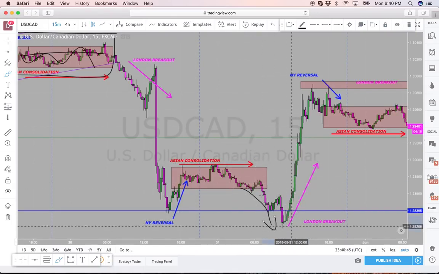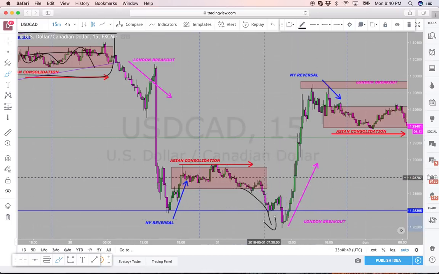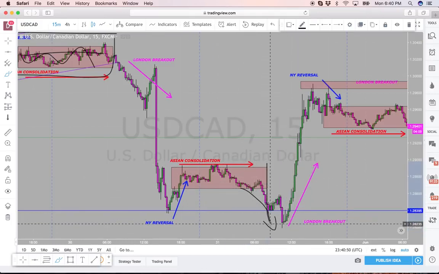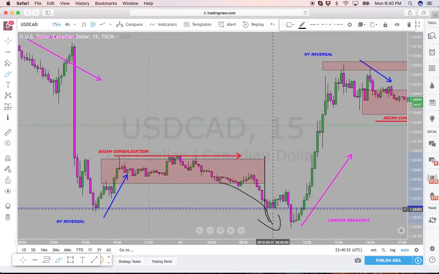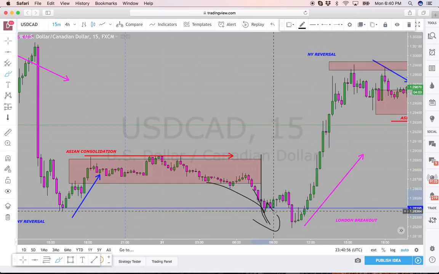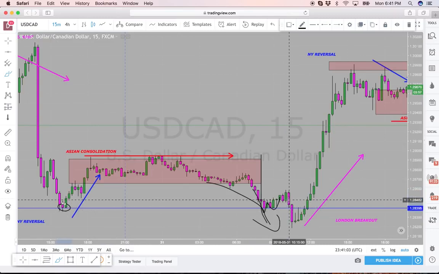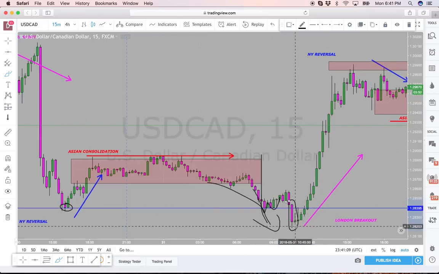So Asian session consolidation, fake out retail traders to the low. They break out of Asian session. Remember, London session right here. London session starts. They actually create a fake low right here, right at the exact low of the previous day, and then one candle hit the stops and induce everyone to start selling.